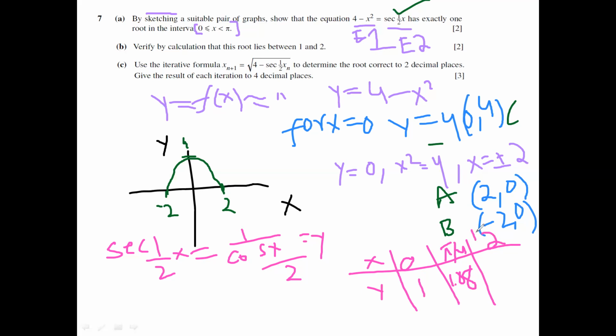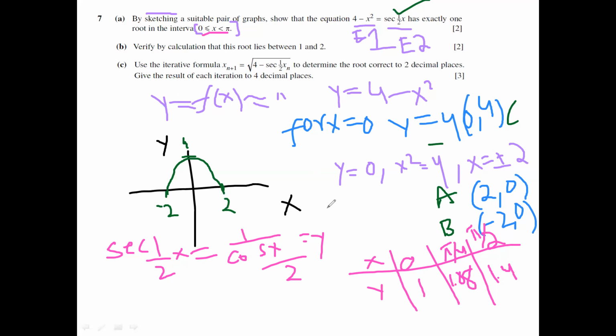And at pi by 2, y would be equal to 1.4. Now we have these 3 points. We used pi by 4 and pi by 2 because this is the range that we have to deal with.